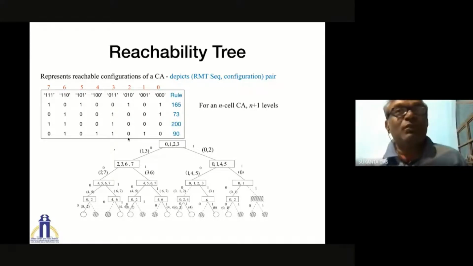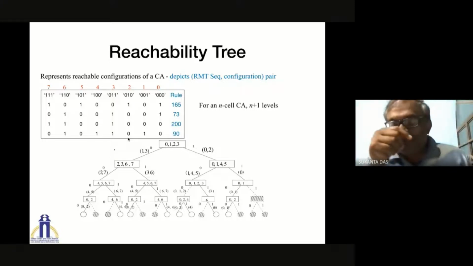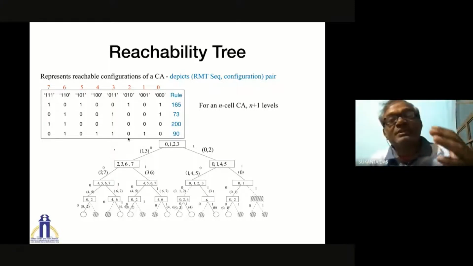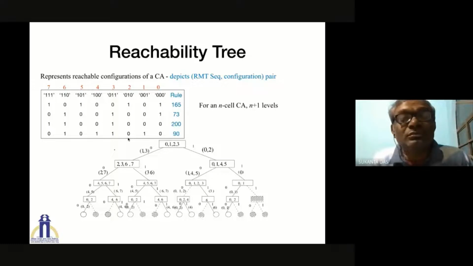This is not the level; 0, 1, they're not levels. For the 0 edge, you can see 2 RMTs are written, 1 and 3, and for the right edge, the 1 edge, RMTs 0 and 2. Why is it so? For rule 165, RMT 1 and RMT 3 give value 0, whereas RMT 0 and RMT 2 give value 1.